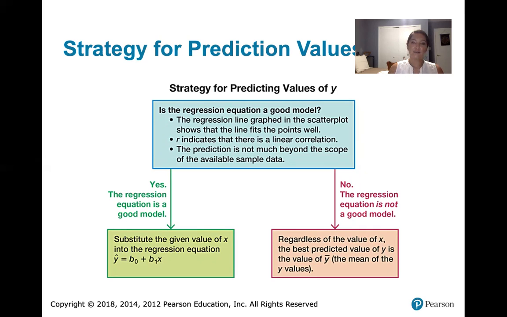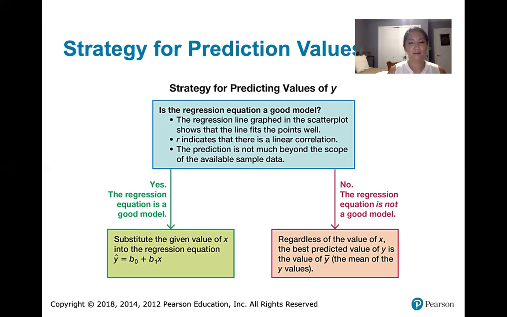Now, if that line fits the scatter plot well, and we have evidence of a linear correlation, and the x value that we have doesn't go too far beyond the x values that we started with, then we say, yes, the regression equation is a good model. The data looks like a line, and we're in this interval where the data looks like a line.